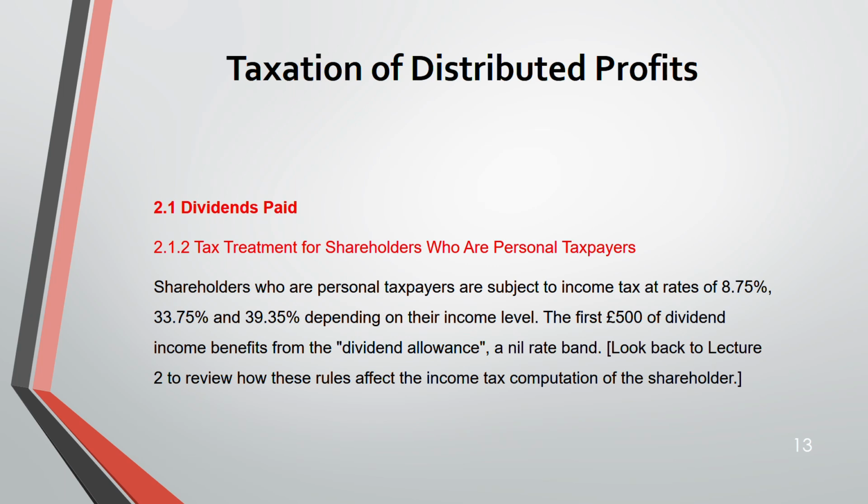If you are a personal taxpayer, you will be subject to income tax at the dividend rates: 8.75% for basic, 33.75% for higher, 39.35% for additional. This is based on your income level, and the first 500 of your dividend is taxed at 0%, the dividend nil rate band. You can look back to lecture 2 for this.